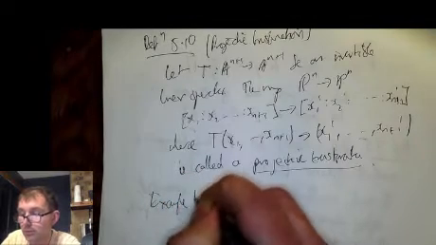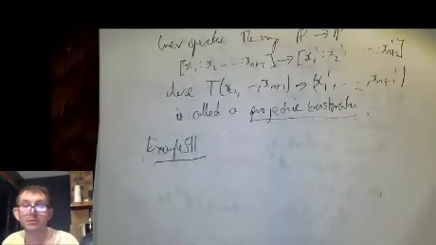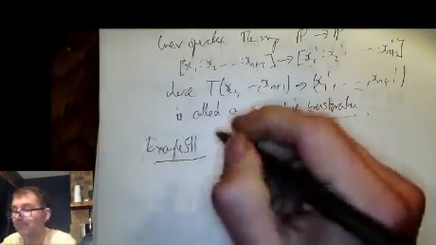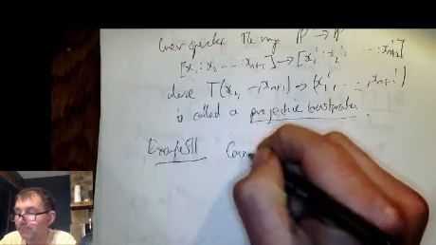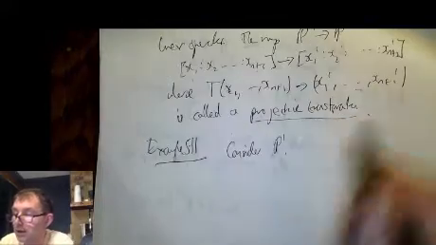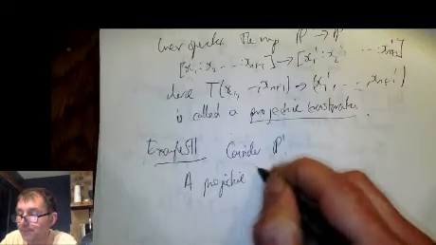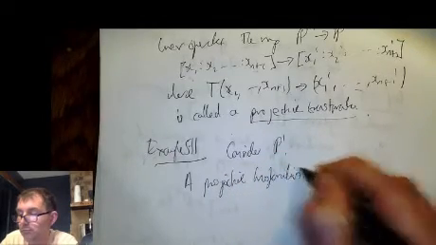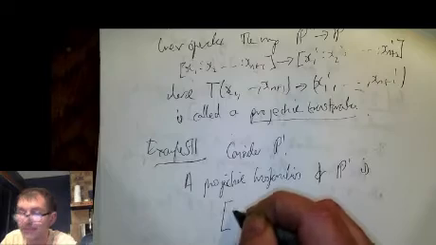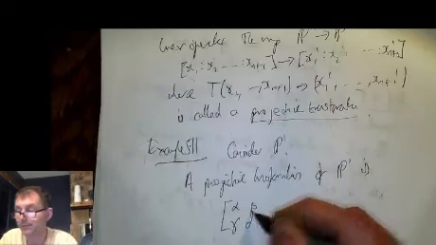Okay, so let's look at example 5.11. This is where we're going to look at the case where n is 1. So consider P^1. A projective transformation of P^1 is just given by a matrix, which I'll write as alpha, beta, gamma, delta.